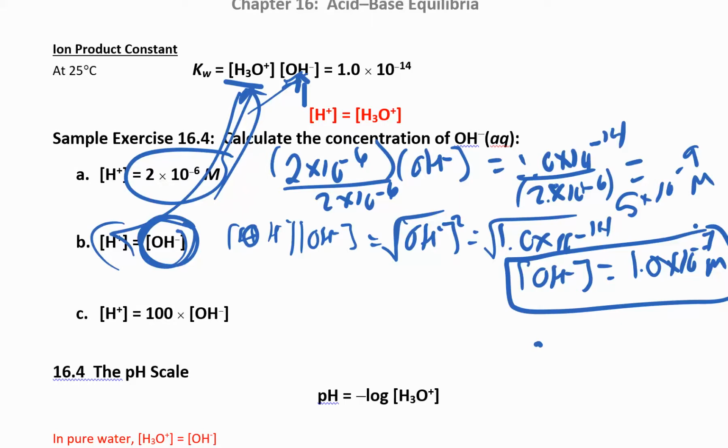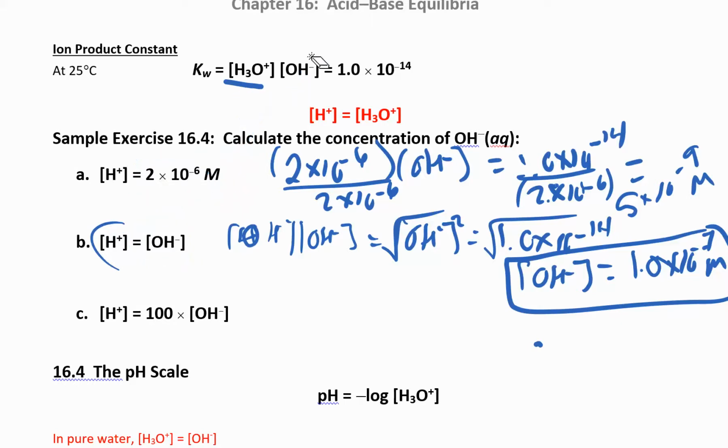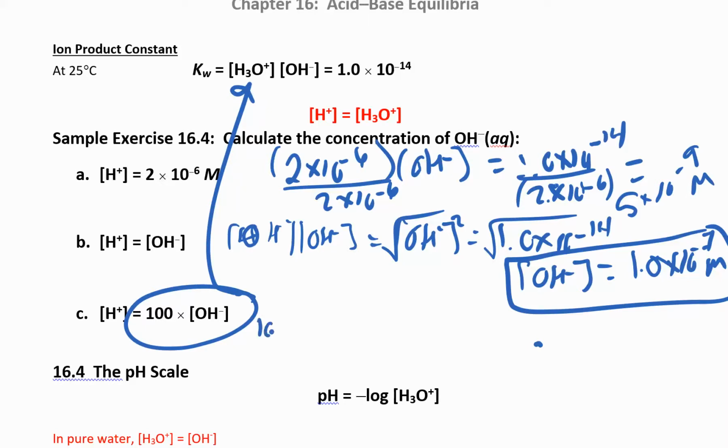And then the last thing you want to do, I'm just going to erase these so it's a little bit clearer what I'm doing. Wherever I have hydronium there, since I'm looking for hydroxide, I'm going to plug that in for hydronium. Remember, H+ is the same as H3O+. So when I plug that in, I get 100 times hydroxide. That's what the hydronium is, right? So that's hydronium times hydroxide is 1 times 10 to the negative 14.